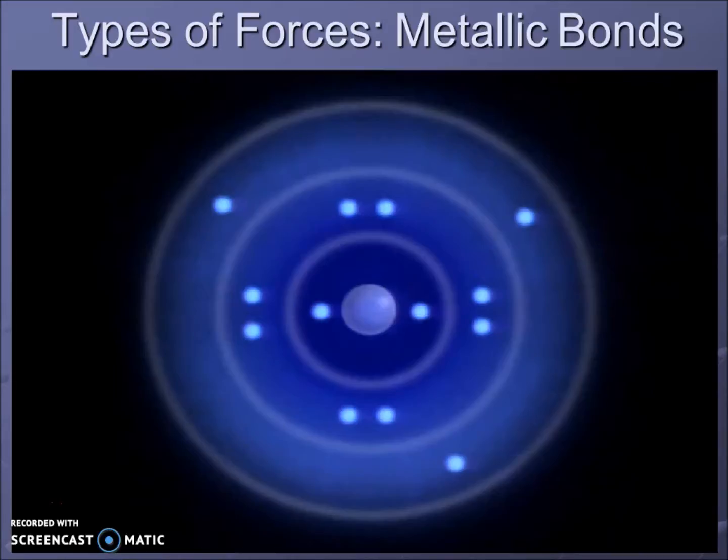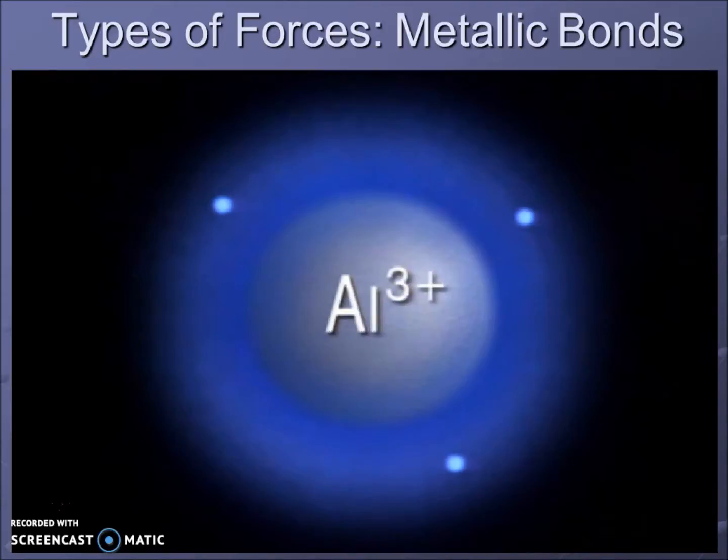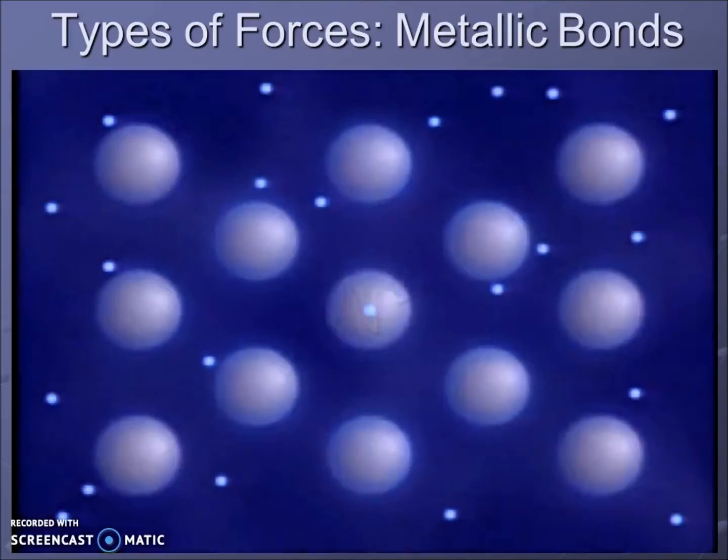So a key to understanding how this is held together and how metallic bonds form is understanding that there is a weak attraction between all metals' nucleus and their valence electrons. And so what we're going to see here is when we look at our aluminum can, we're going to look at the nucleus and the rest of those inner shell of electrons. We're just going to call that the kernel or the core of the atom.